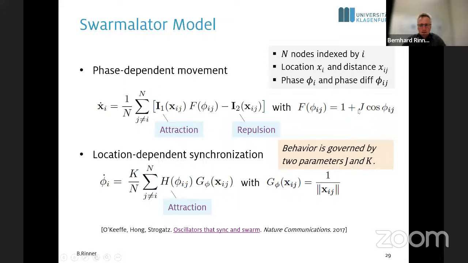And what we see here, there's a parameter J which influences the strength of the attraction. The second ingredient of this swarmalator model is the location-dependent synchronization. So here we have the change in the phase, which is also dependent on the attraction. Here is the phase difference between the agents and the specific factor. Okay? And we multiply this also with another parameter K. Okay? So we have these simple models.